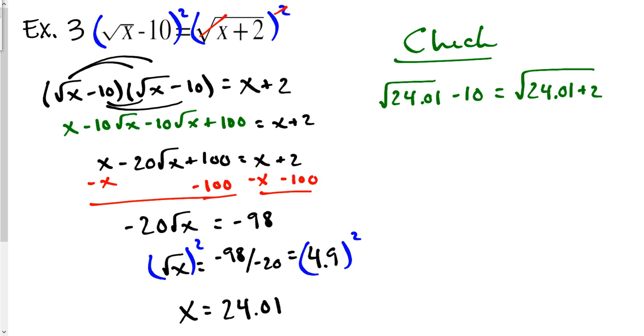So square root 24.01, and then to that I'm going to subtract 10. So I get negative 5.1. And I'm asking, is that equal to the square root of 24.01 plus 2? So calculator. And the square root 24.01, add 2 to it while it's still inside the radical, and you get positive 5.1.